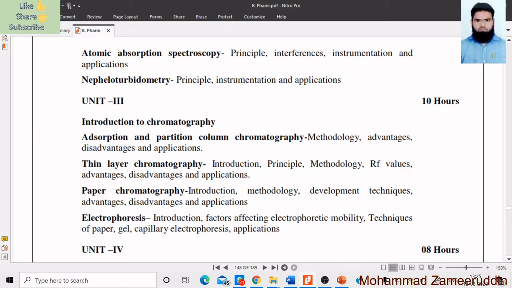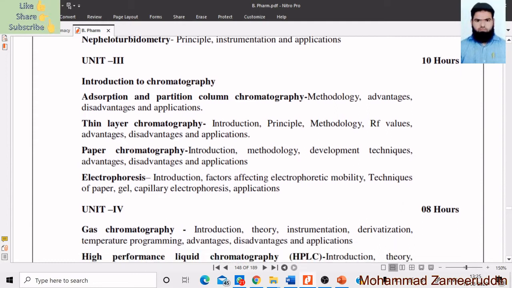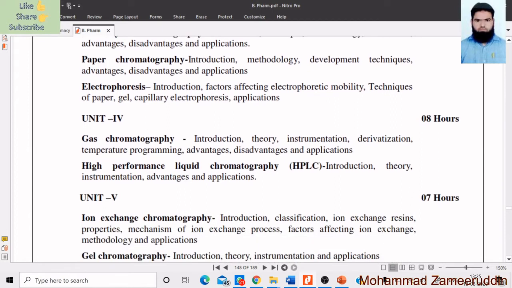I think you have learned this in third year in pharmacognosy or another subject regarding chromatographic techniques. Here there is some more elaboration. We have to discuss adsorption and partition column chromatography, then thin layer chromatography, paper chromatography and electrophoresis, and in unit 4 gas chromatography and high performance liquid chromatography.